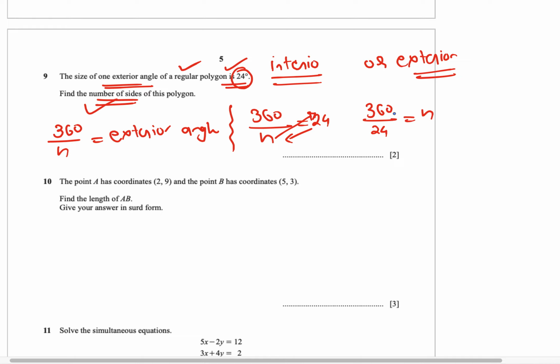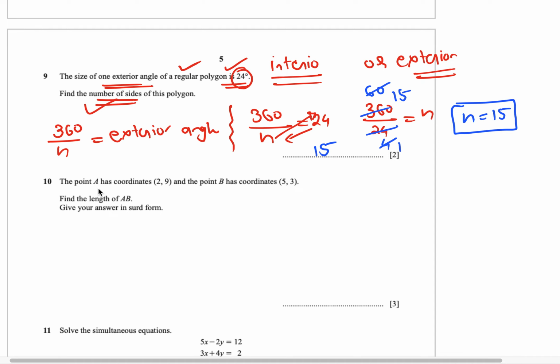Now I have to simplify. I'll easily go with 6, because 6 4s are 24 and 6 6s are 36, and then 4 1s are 4 and 4 15s are 60. So guys, we got n equals 15. So it is a 15-sided polygon, right?